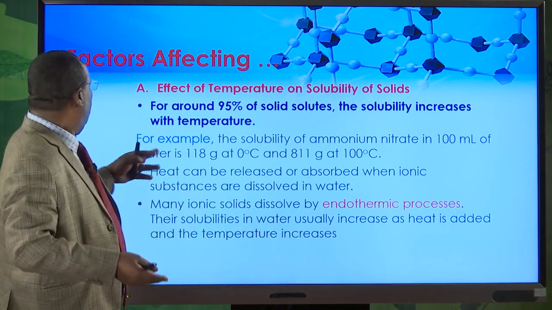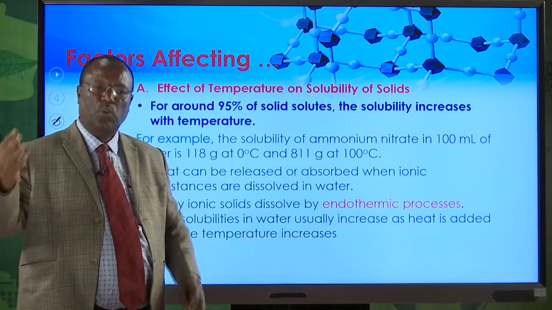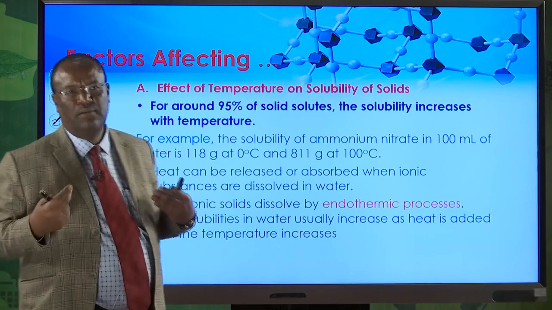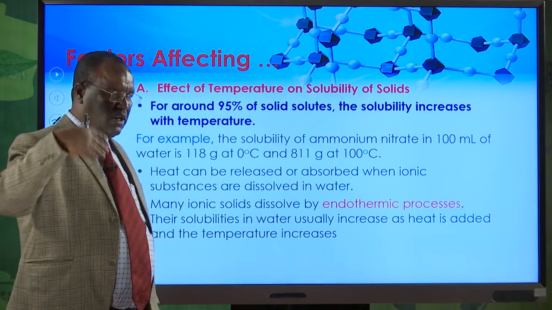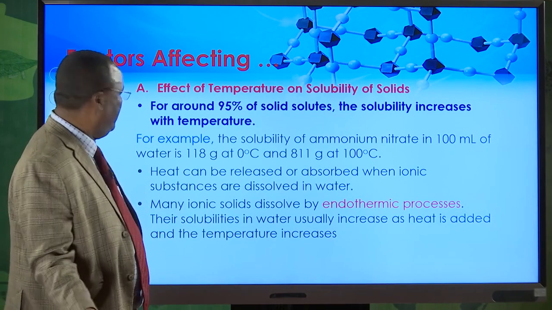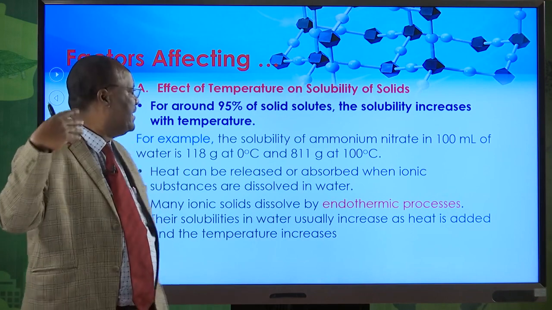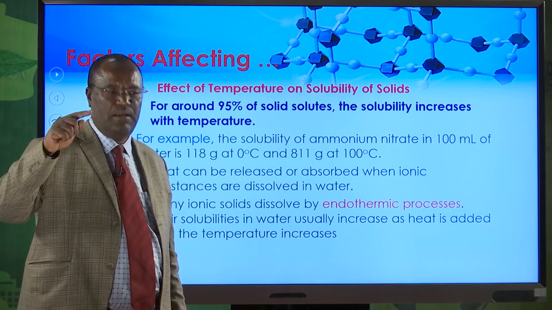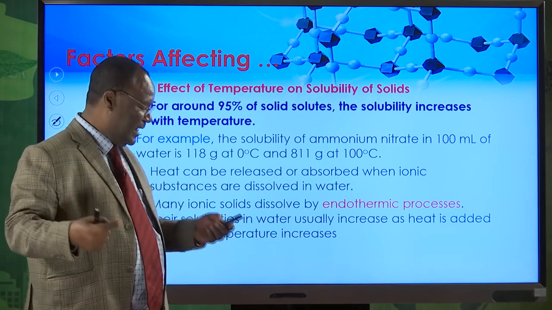Many ionic solids dissolve by an endothermic process. When many ionic compounds are dissolved, heat is absorbed from the surroundings. This process is said to be endothermic. Energy is absorbed. Their solubility in water usually increases as heat is added and the temperature increases.